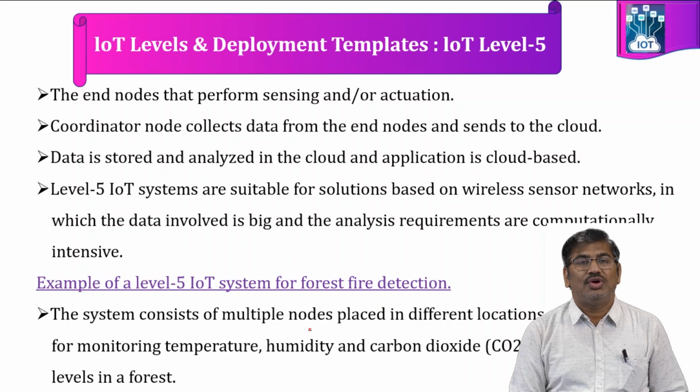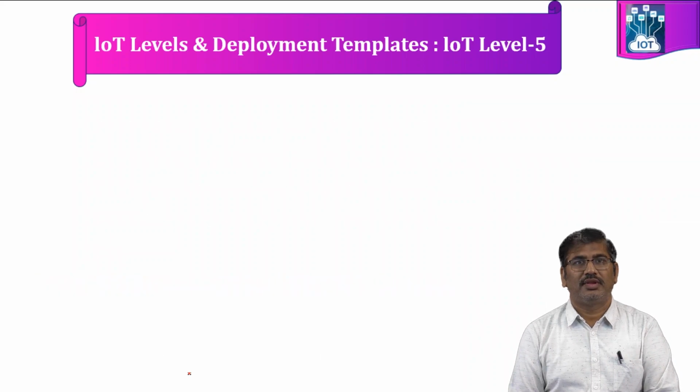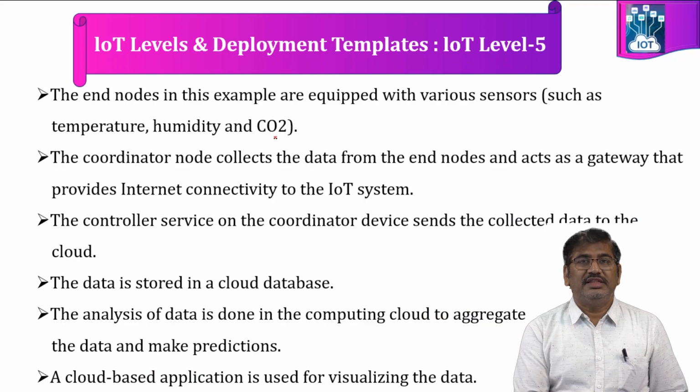The system consists of multiple nodes placed in different locations for monitoring various physical parameters like temperature, humidity and carbon dioxide levels in the forest. The end nodes in this example are equipped with various sensors for monitoring temperature, humidity and carbon dioxide levels. The coordinator node collects the data from the end nodes and acts as a gateway that provides internet connectivity to the IoT system.